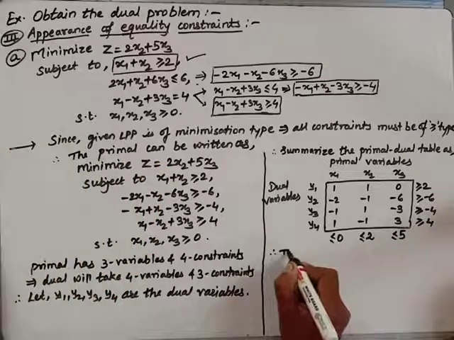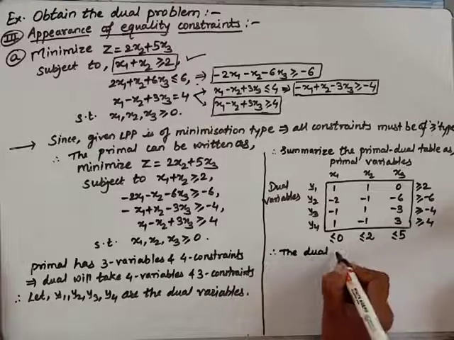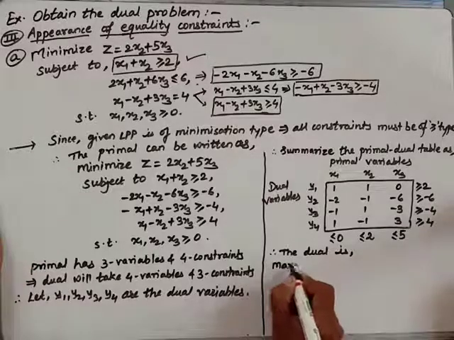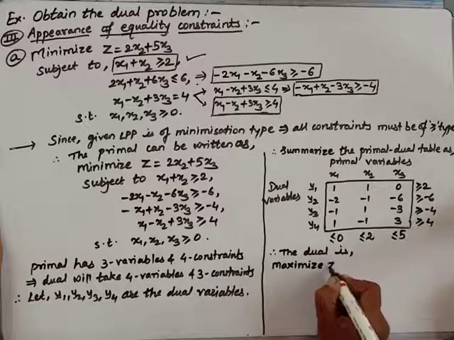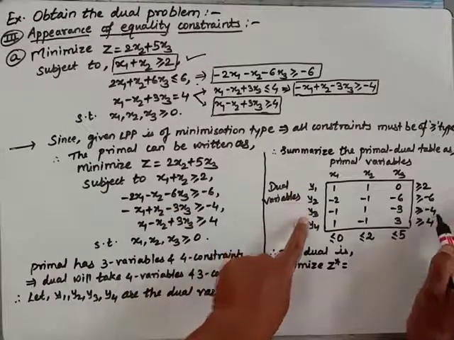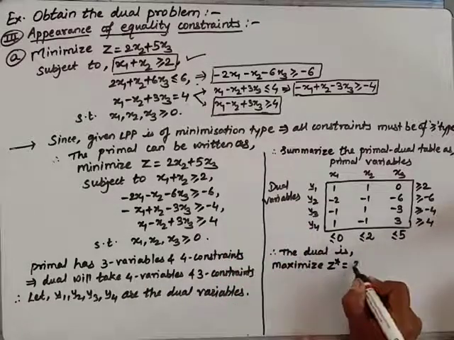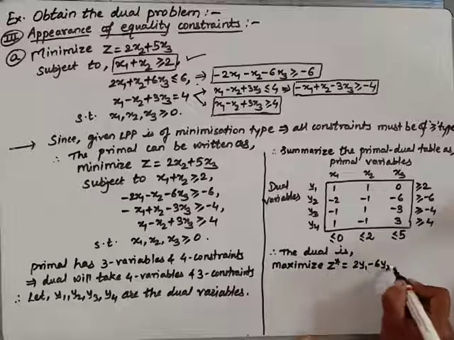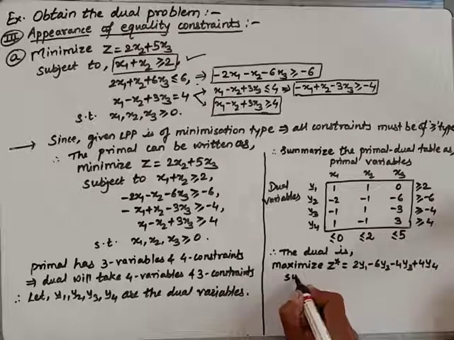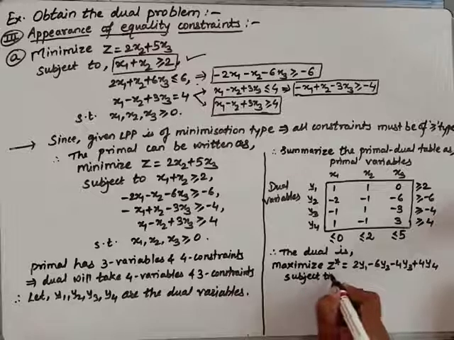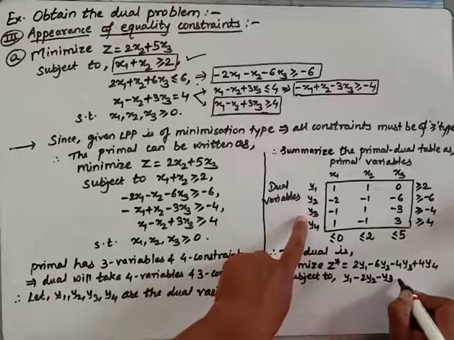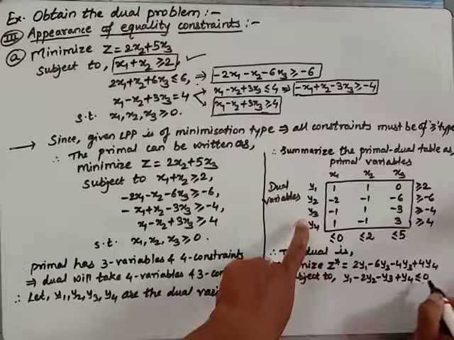Therefore the dual is, since it was minimize, I must write maximize z star equal to 2y1 minus 6y2 minus 4y3 plus 4y4 subject to y1 minus 2y2 minus y3 plus y4 less equal 0.